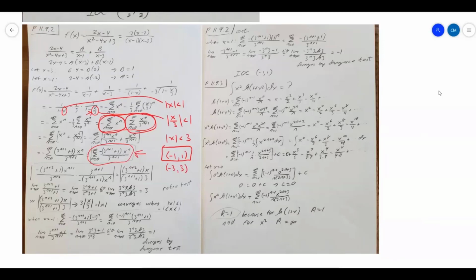If you were to graph one on top of the other, the -3 to 3 one would be out here, the -1 to 1 one would be here. Where do they overlap? They only overlap on the -1 to 1. So again, you do not need to do the ratio test on these. It's already determined by the fact that this is a geometric power series, so no need to check those endpoints or do any of the ratio test stuff at all.